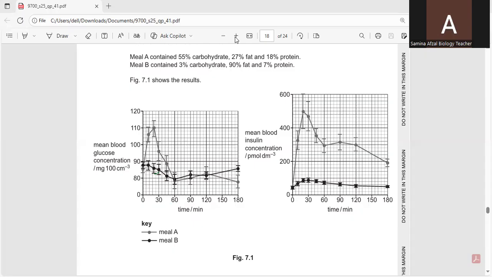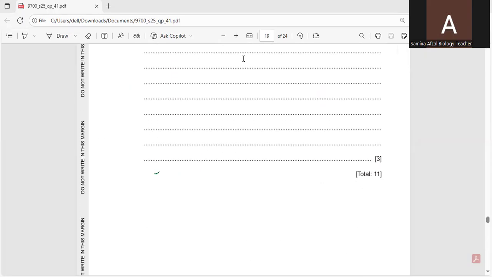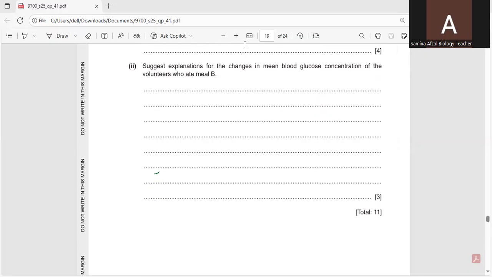So here you can see we will move to the place where we have to write the answer. We will start the answer in this way.